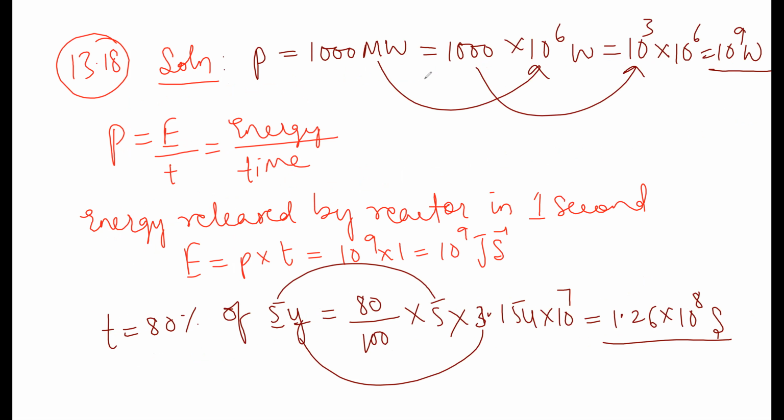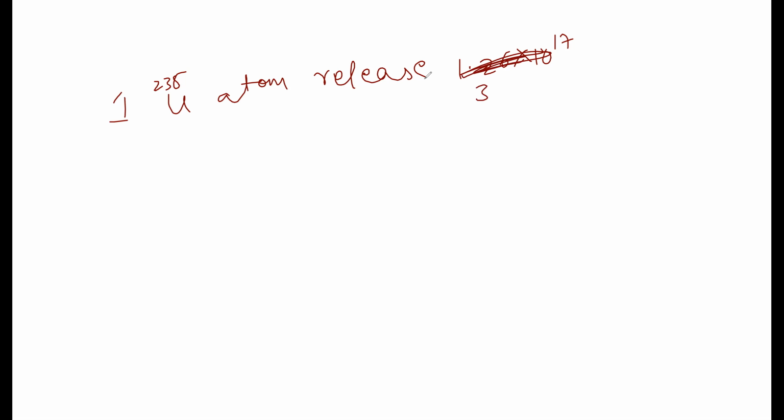Next, 1 uranium-235 atom releases, sorry, not 1.26 into 10 to the power of 17, it is going to produce 3.2 into 10 to the power of -11 joule.